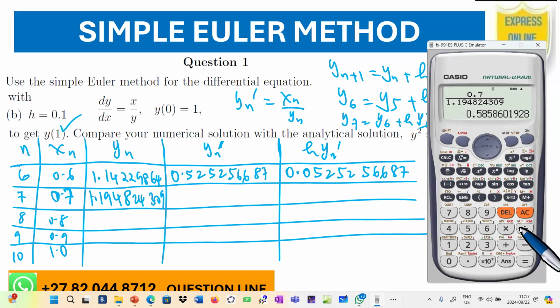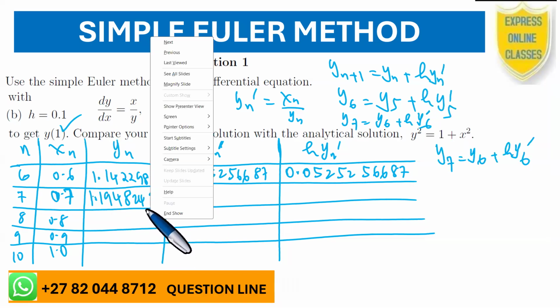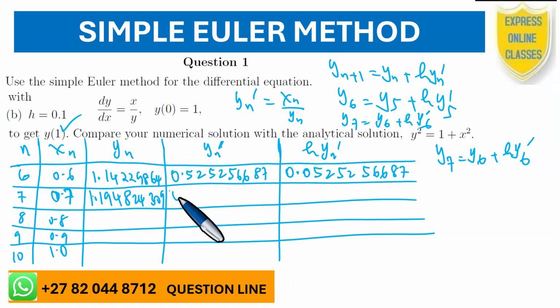Okay, so what is this? 0.585. All right, so we're getting 0.5858 60192, multiplied by 0.1.